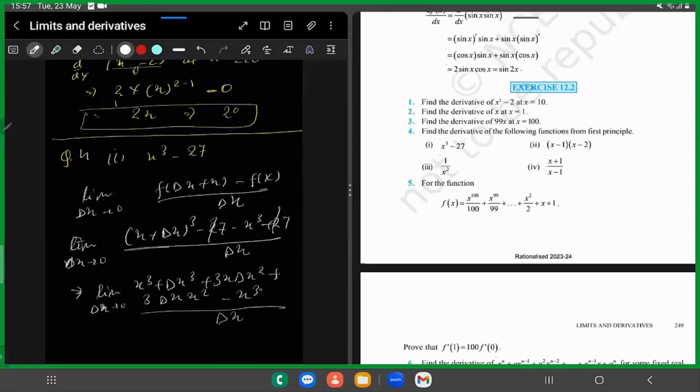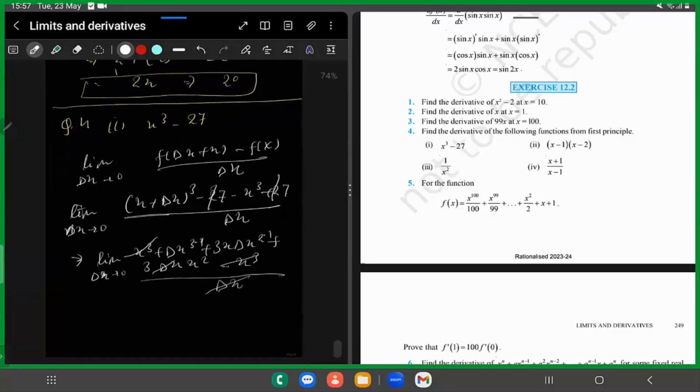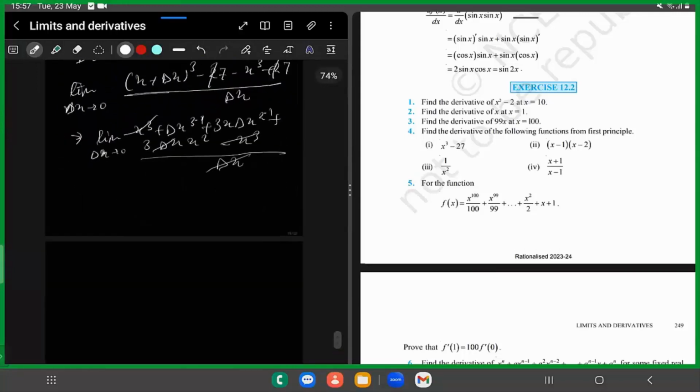Okay, so this gets cancelled, and since delta x is common in all the terms, it gets cancelled, leaving powers 3 minus 1 and 2 minus 1. So this will finally produce limit delta x tends to 0 of delta x square plus 3x delta x plus 3 times x square.